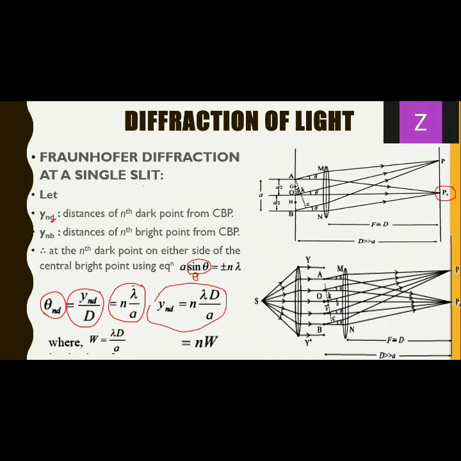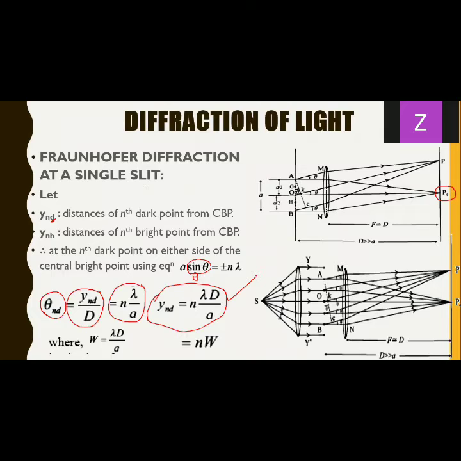What is y_nd? y_nd is the distance of the nth dark point from the central bright point. How do we find it? Using this formula, you can find that distance. First dark, second dark, third dark, 10th dark, wherein the value of n will be 10, and so on and so forth. We can find the distance of the nth dark point from the central bright point.